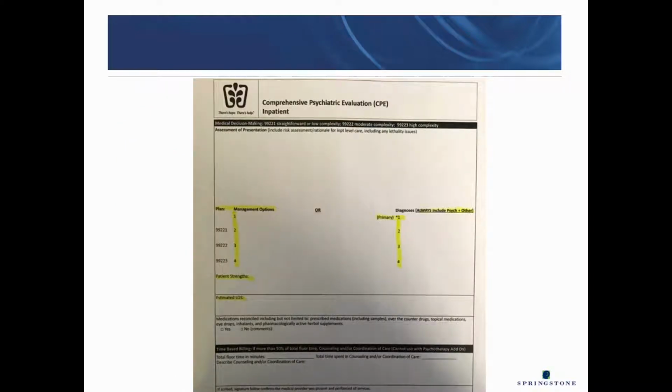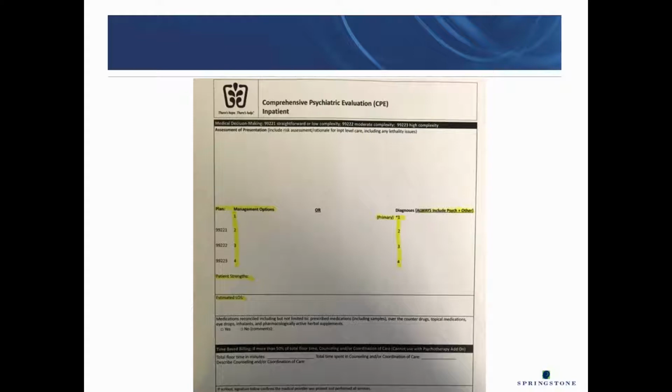So this is how we have the psychiatric CPE, the initial evaluation, set up for the medical decision-making portion of the note. You can see that the assessment of presentation is a narrative section for you to include, and in this section you're going to summarize your assessment of what's going on with the patient, and in that assessment you need to say something about risk.